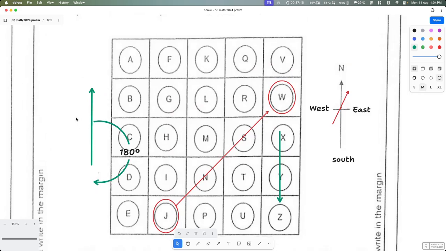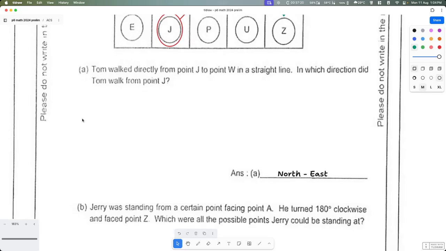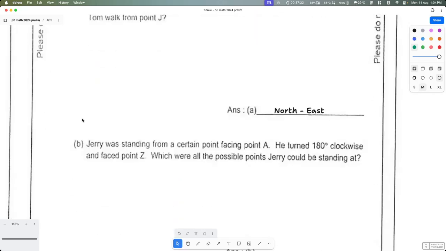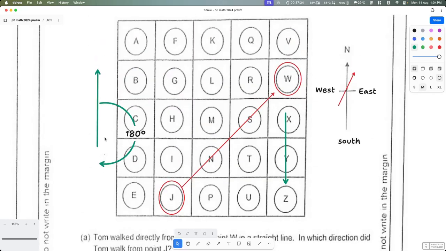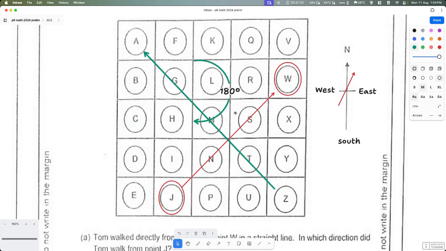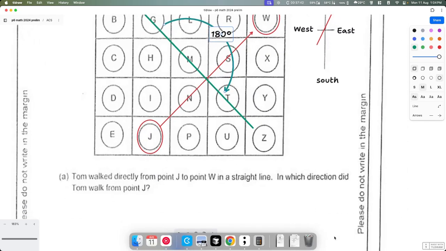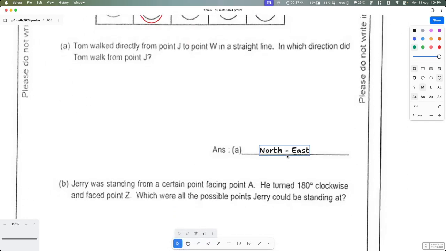Pointing at A, and then he turned 180, and then he goes here. So from here, we draw a line like this. He's facing A, and then the 180 will look something like this. So from here, he was looking at A, and then turned 180, he'll be facing Z.